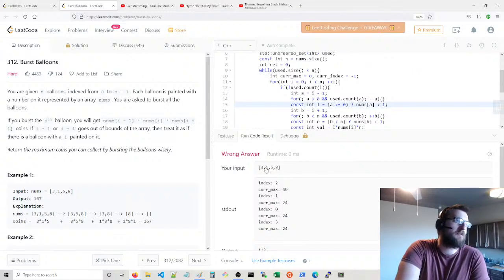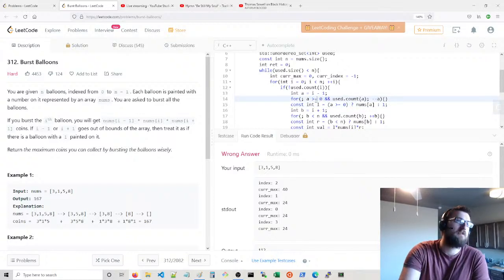Remove 5. You get 1 times 3 times 2 is 8. It's 24. Then you get 3 and 8. You get 24 again because you pick 3. And then finally you pick 8. Oh, this is also greater than or equal to 0. Yeah.